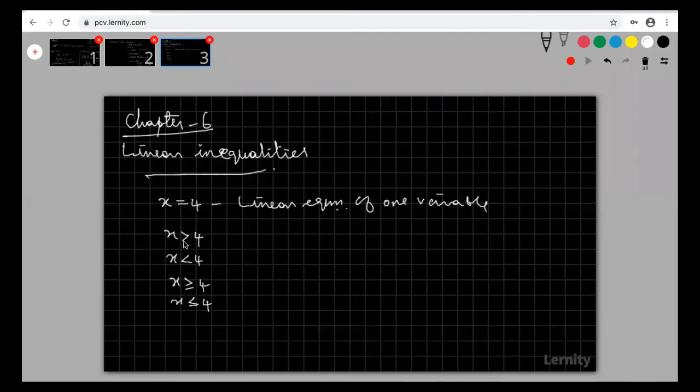But here we have inequality. The relations x greater than 4, less than 4, greater than or equal to 4, less than or equal to 4 are given. So these four are called linear inequalities.